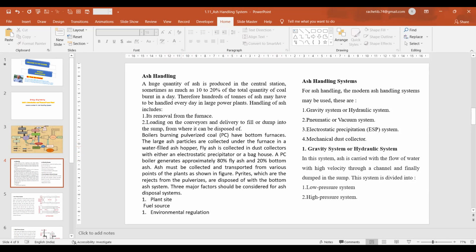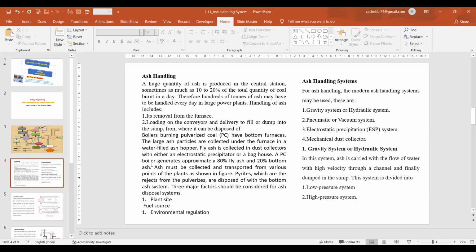We call it the bottom ash hopper. And the fly ash, which I just told you about, is collected in dust collectors with the electrostatic precipitator or bag house. We were having electrostatic precipitators where I worked also.